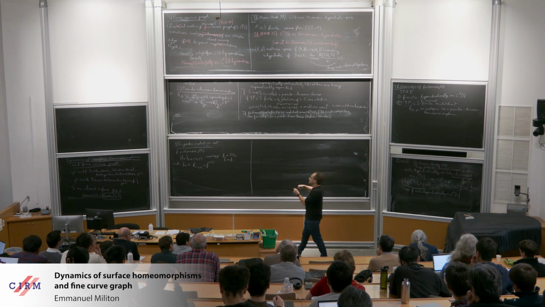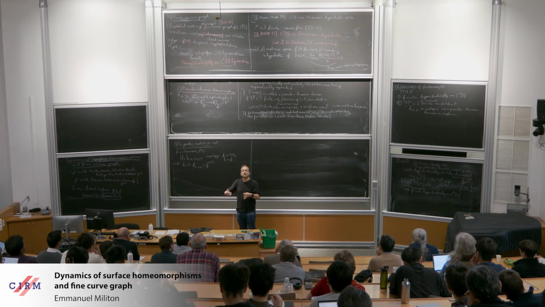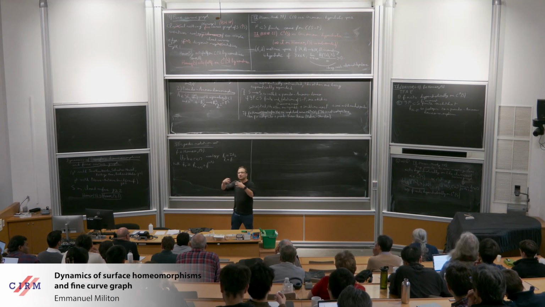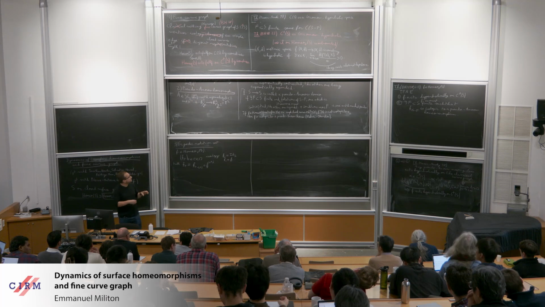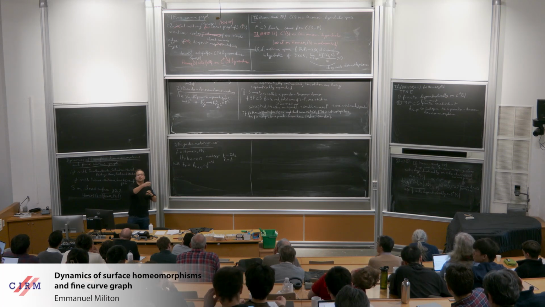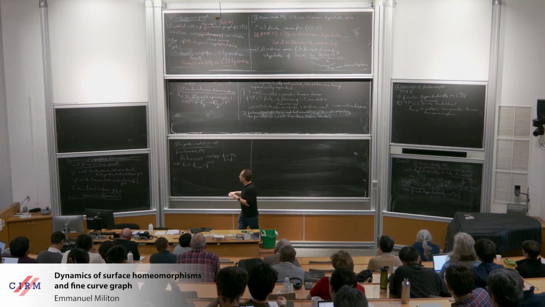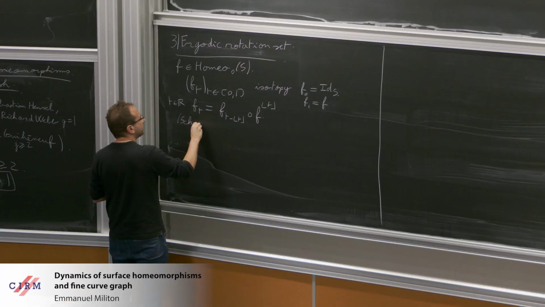It's a homological rotation set, so we will take the homology class of this curve, and we want to see the asymptotic behavior of these objects. This will give us the way the orbit rotates in the homological sense when we iterate. So these are ideas going back to Schwartzman.